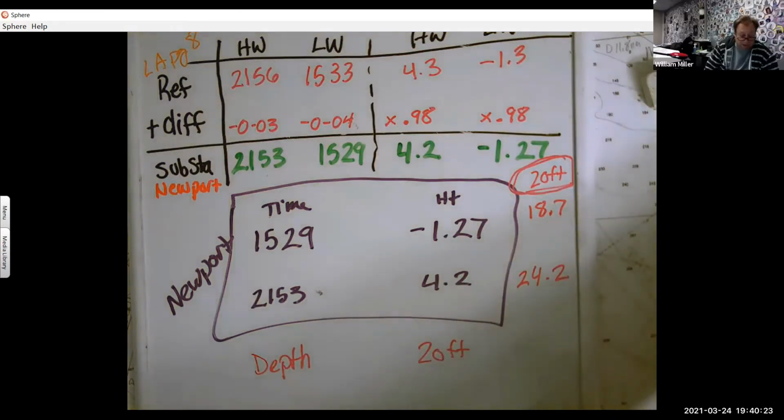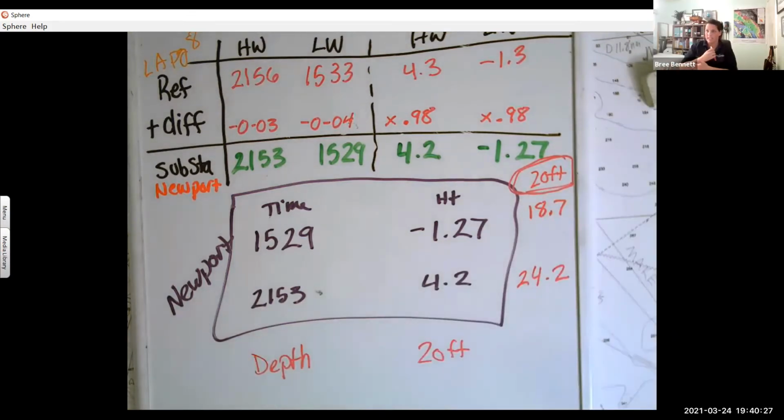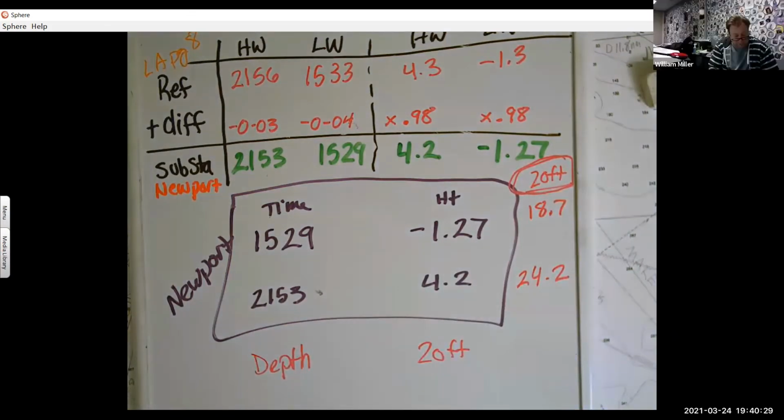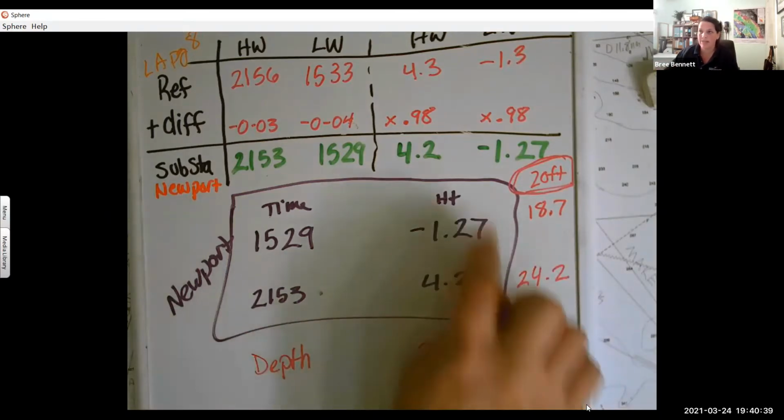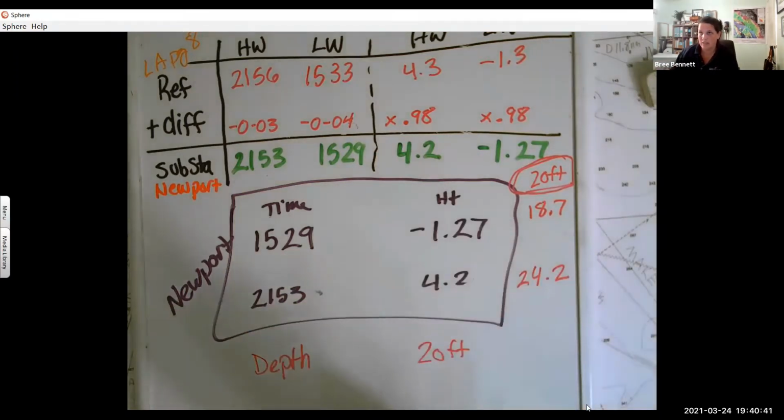Okay, so that's the chart. So it's giving you a new chart for a different scale. Okay, that's what I was looking at. All right. But you would apply these numbers to whatever chart you're using.